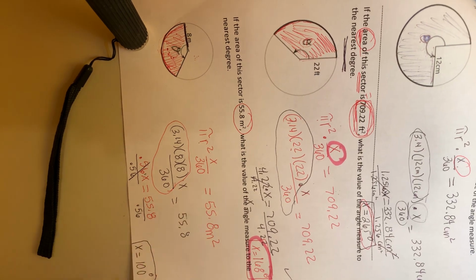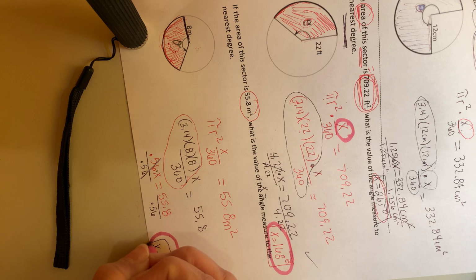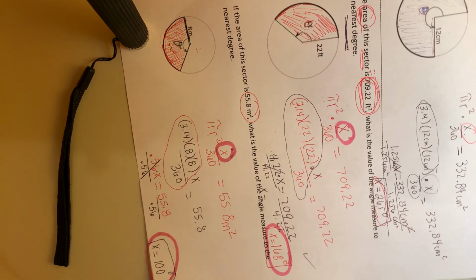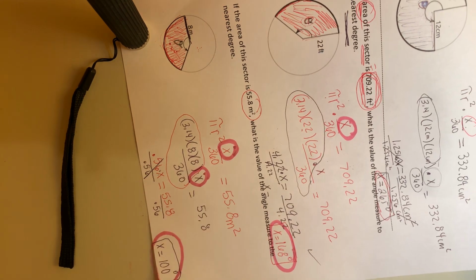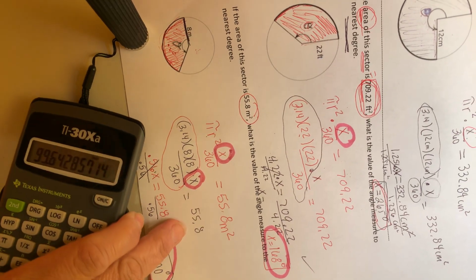So I'm going to check it. It's a good thing for you to do when you have your quiz or your test. You check your answers. I'm going to plug this 100 degrees in, and I should get 55.8.